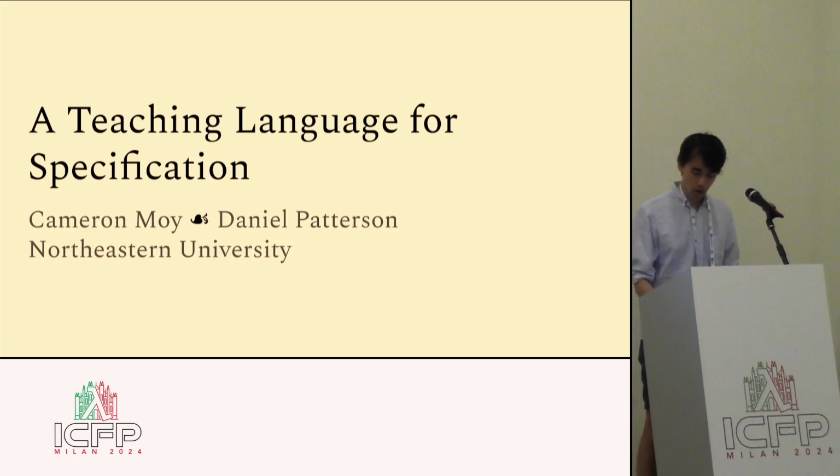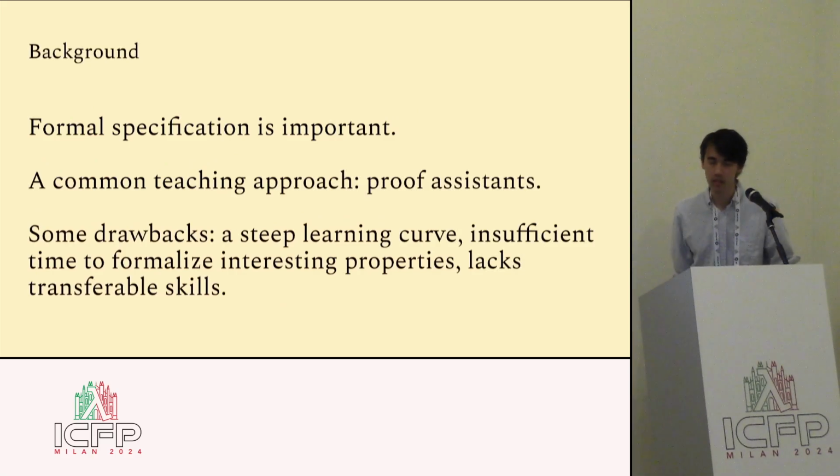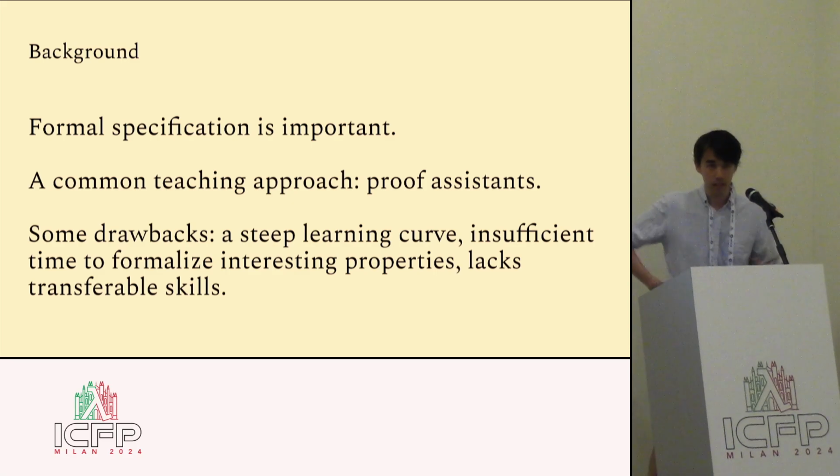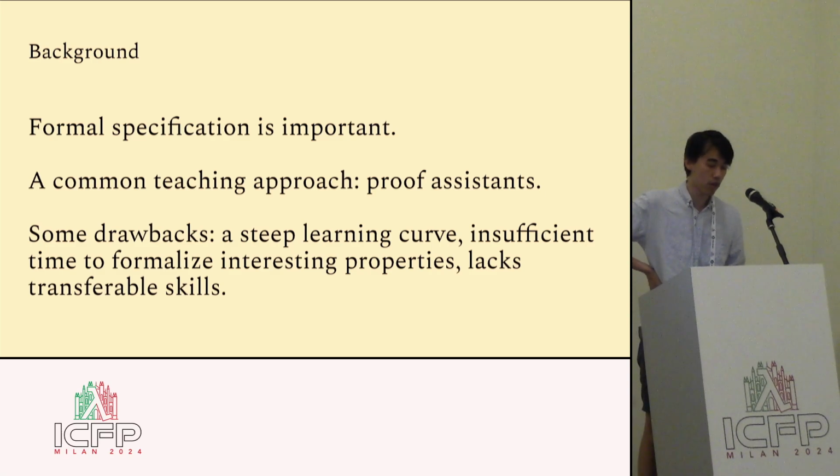Okay. So to give you a little bit of background about the context, we're at ICFP and the Scheme workshop, and I think a lot of us think formal specification is really important. In a language like Racket, we usually use something like a contract in order to have a specification for our programs.